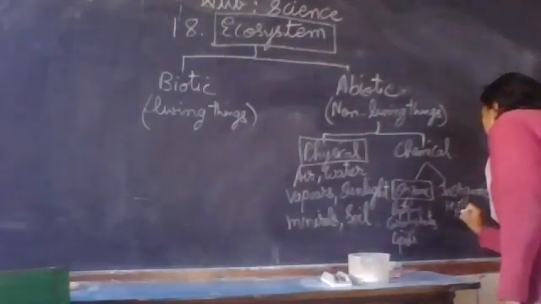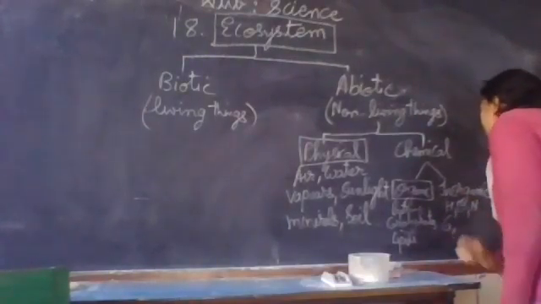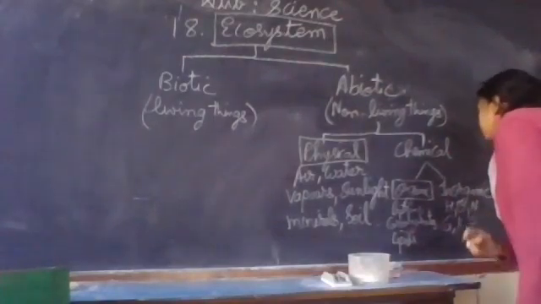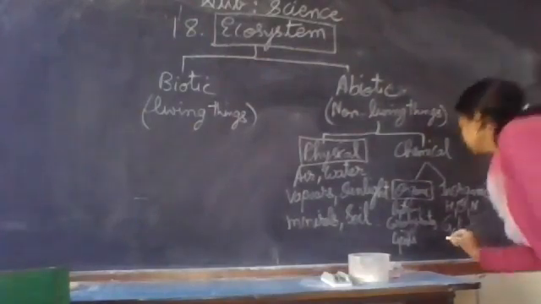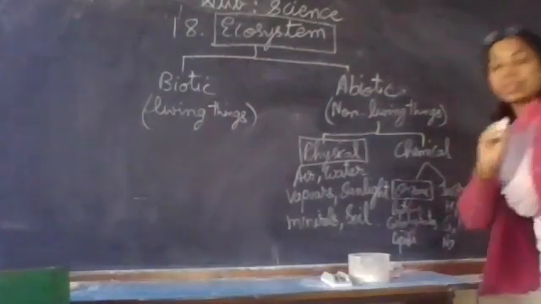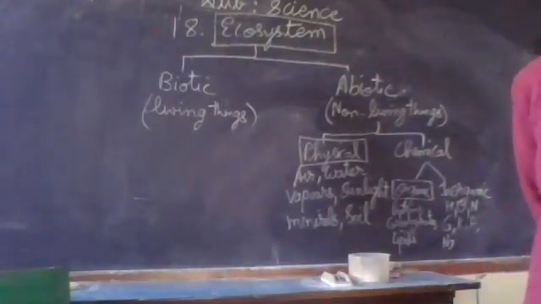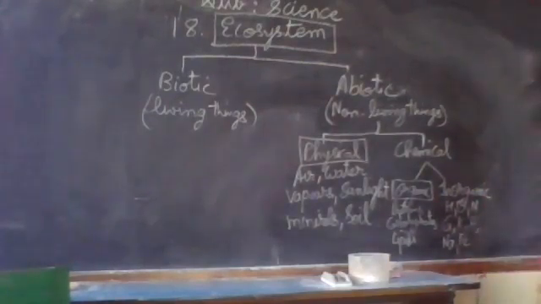So hydrogen, oxygen, nitrogen, then calcium, potassium, phosphorus. What else? Sodium, Na. So these are all the chemical formulas: sodium Na, potassium K, iron is Fe.